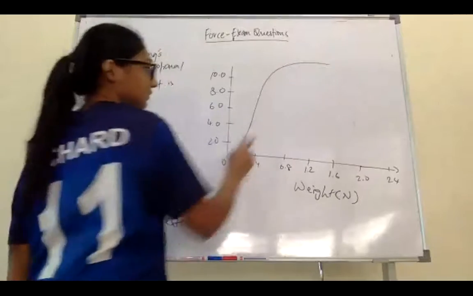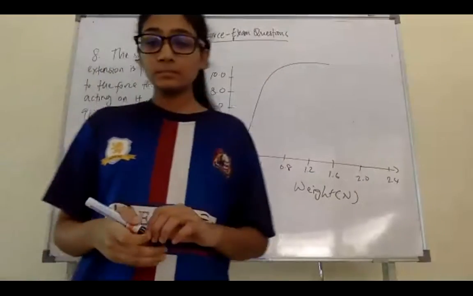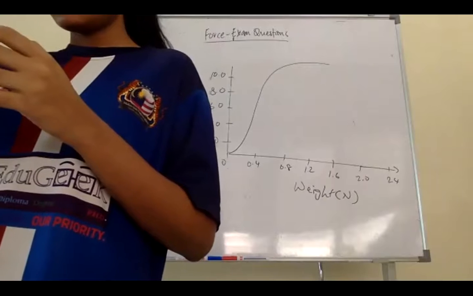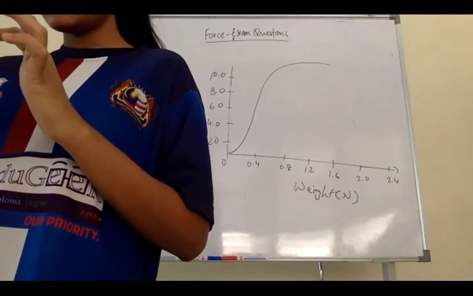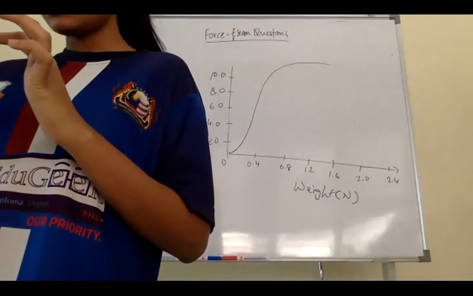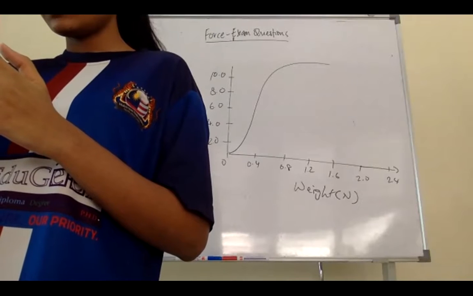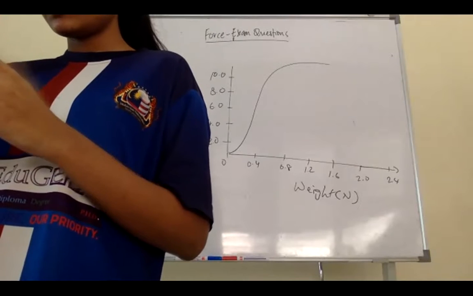You should get something that looks like this. Yeah, I got that. For me, instead of putting 0.4, 0.8, 1.2, I put 0.5, 1, 1.5, 2, 2.5 like that.